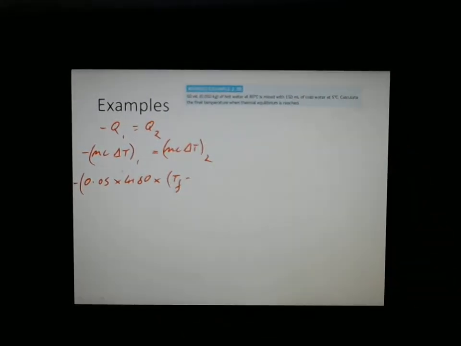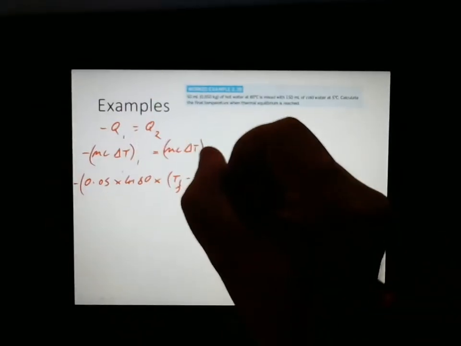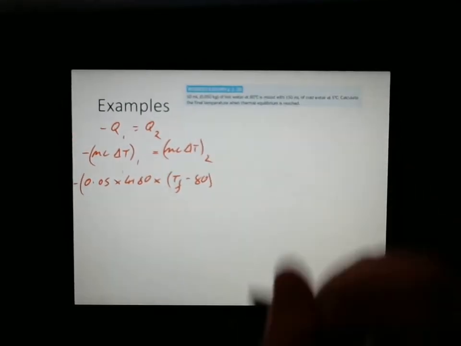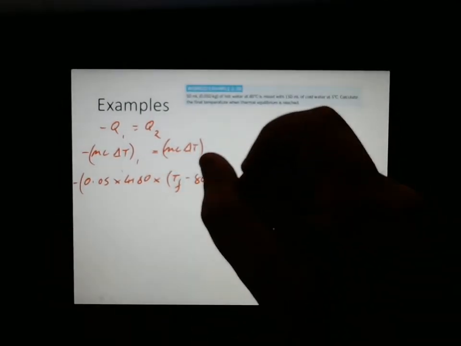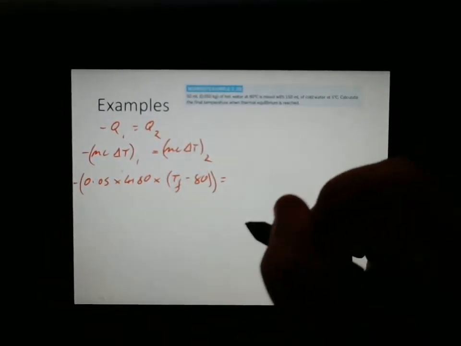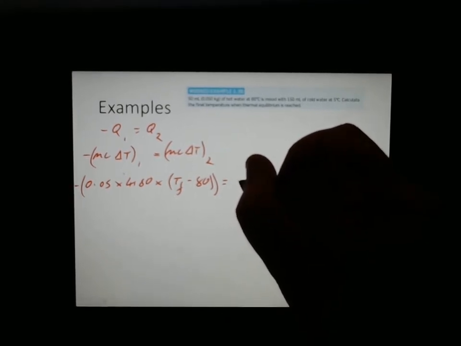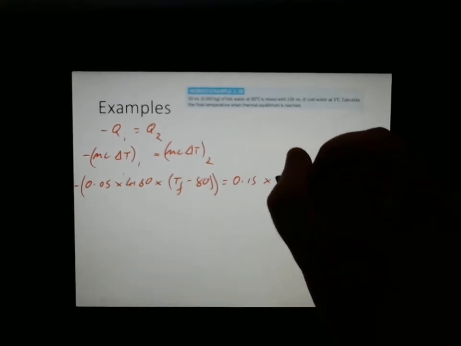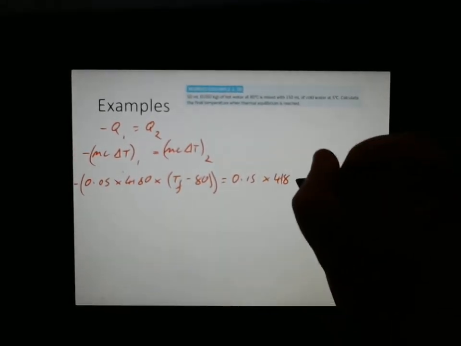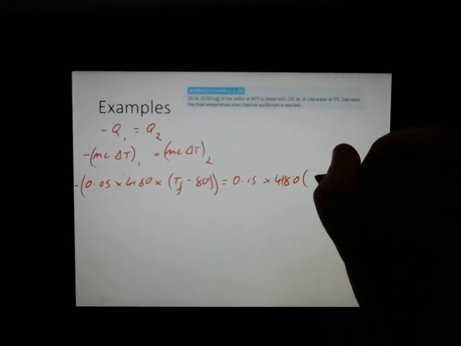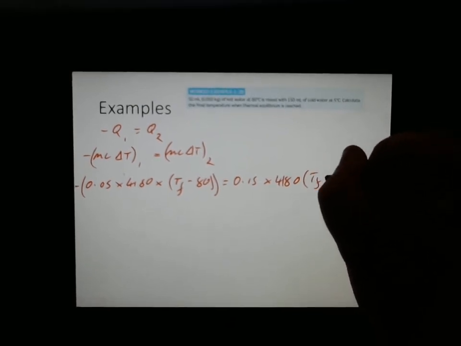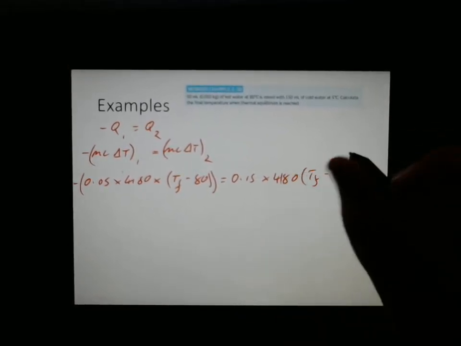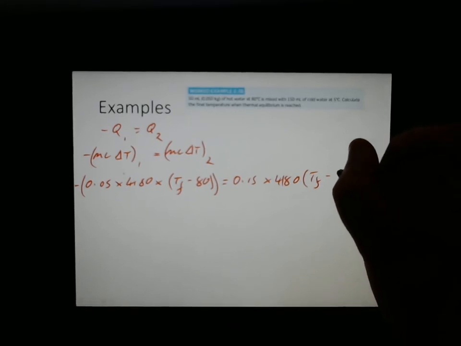We do know that it starts at 80 degrees, and that's the one that starts hot and is going to get cold, so I'm going to put it with the negative one, the one that's going to lose some energy, equals, in this case the mass is different, so 0.15 times 4180 times our temperature change, TF, we don't know what that is, take away, and we see it starts at 5 degrees.